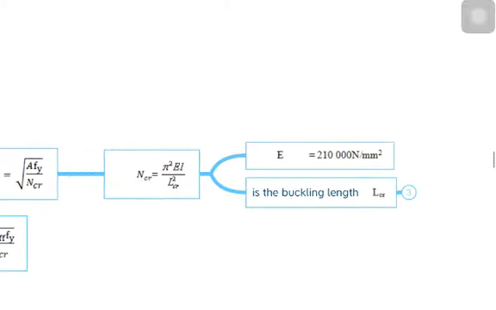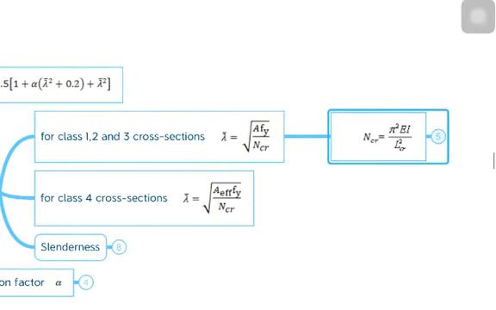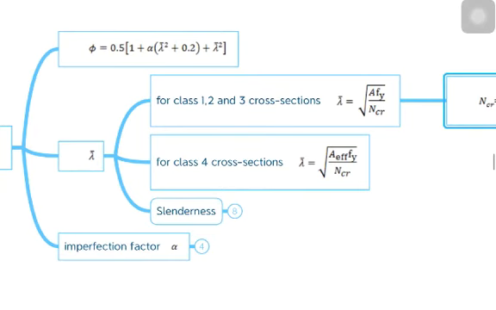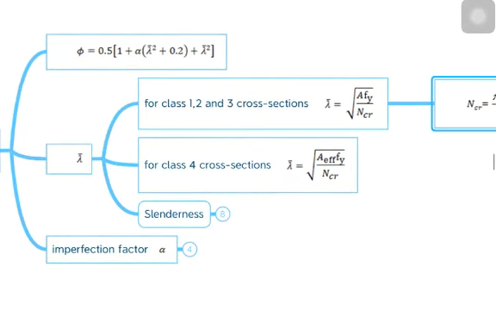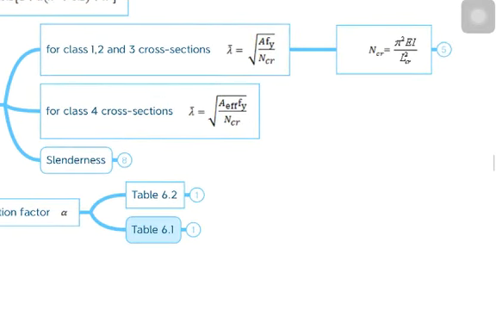Now, once you have got the critical load and the lambda bar, you still need to calculate the value of alpha. The imperfection factor alpha comes from table 6.1 and 6.2.